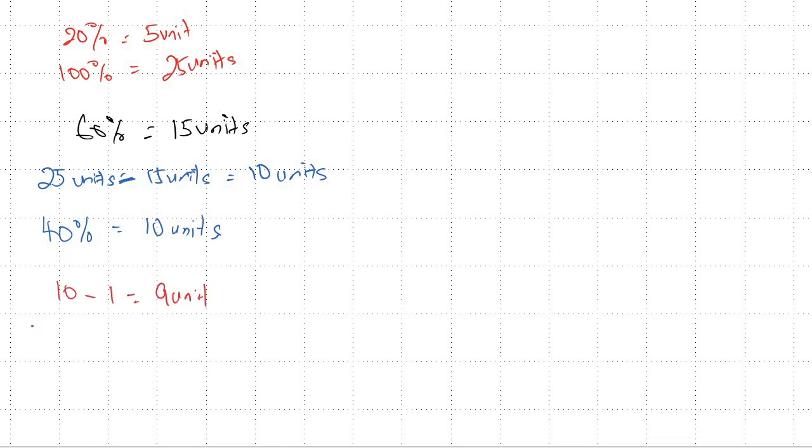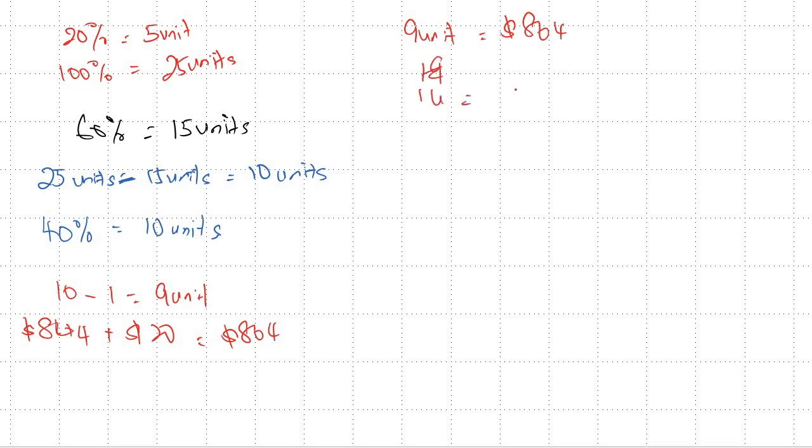And 9 units is equal to 844 plus $20, which gives me 864. So if 9 units equals 864, you need to find 1 unit.